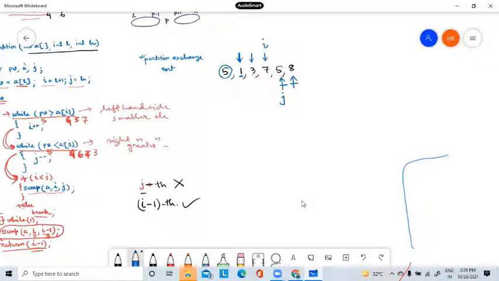The elements at I and j will be interchanged. So after interchanging, your picture will be like this. This is pivot. This is 1, 3, and after interchanging, 5 will come here, 7 will come here, and this is your 8.